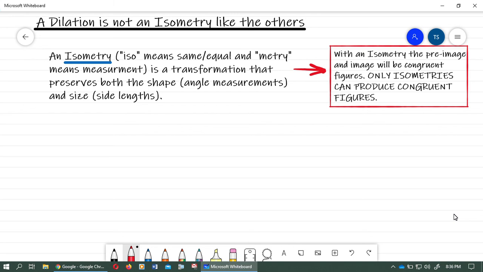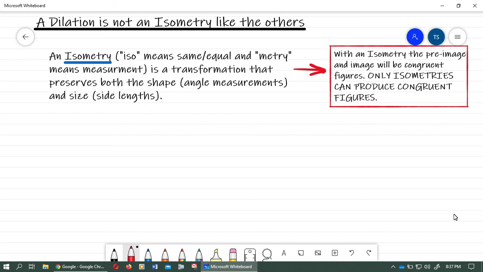And so guys, we know that a dilation is not an isometry. And again, a dilation is not an isometry because even though a dilation does preserve the shape, meaning that it preserves those angle measurements, a dilation, by definition, does not preserve the size, because in order for it to be a dilation, it has to be an enlargement or a reduction.